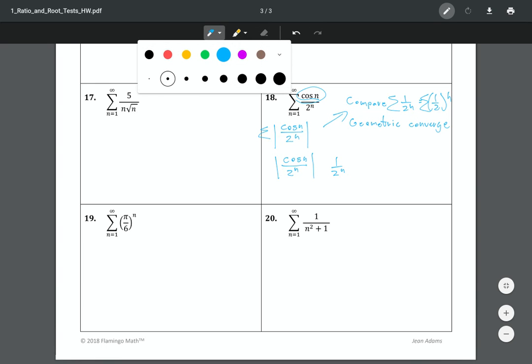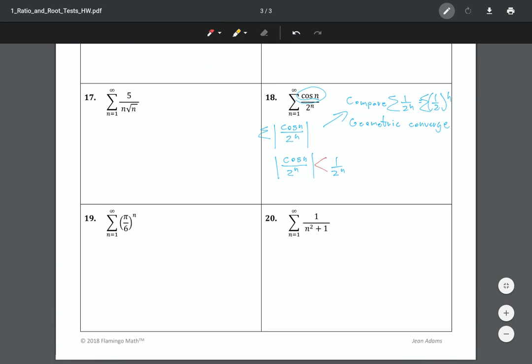The direct comparison test, as you can tell, is the one that gives me the most trouble because I cannot remember what sign. So this is bigger, and because this is convergent, then this will also be convergent. This is what they call absolutely convergent. So that was the most tricky one of them all in the homework.